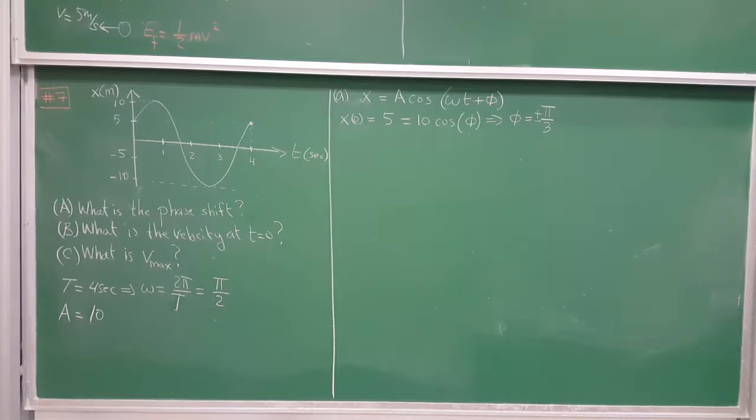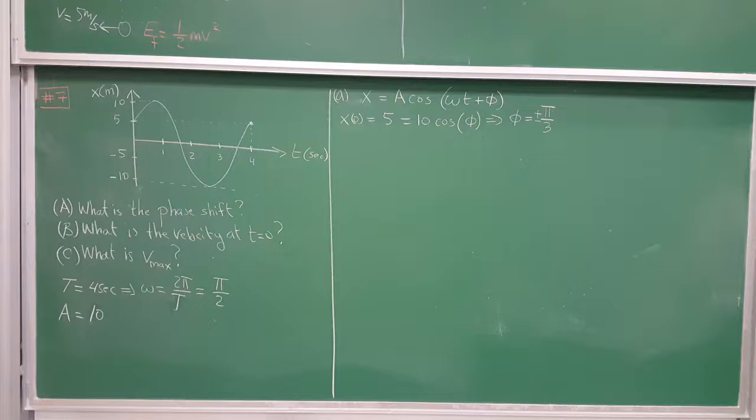So how are we going to decide whether to take the plus or minus? Well, we can decide that by looking at the velocity itself, whether it is positive or negative. So now, is the velocity positive or negative? The answer is the velocity will be positive.